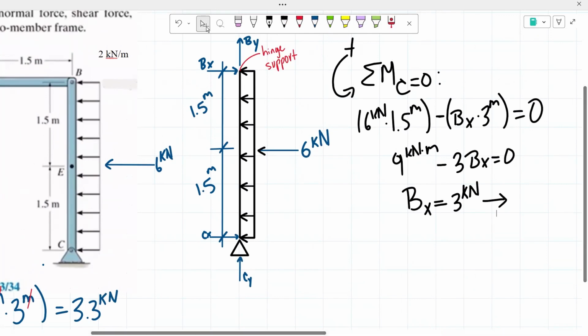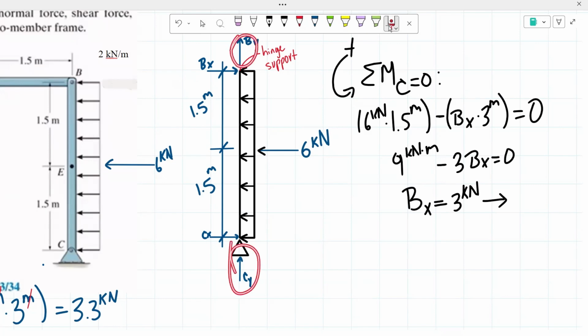But to solve for B sub Y, as you guys could see, taking the sum of the moments about point C only solves for B of X, but it will not solve for B sub Y. If we were to take the sum of the moments about point B, once again, it will not be creating a moment, so we can't solve for it. And then taking the sum of the forces in the Y direction, once again, both of our vertical forces are unknown, so it would not do anything.